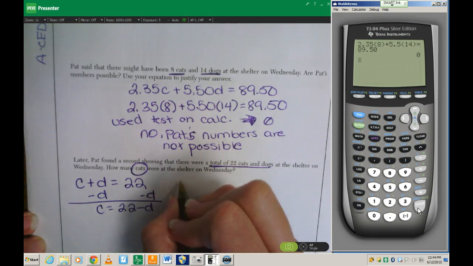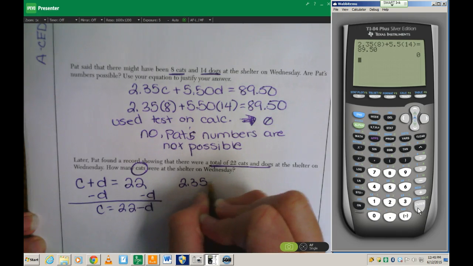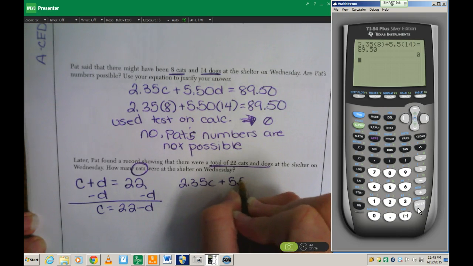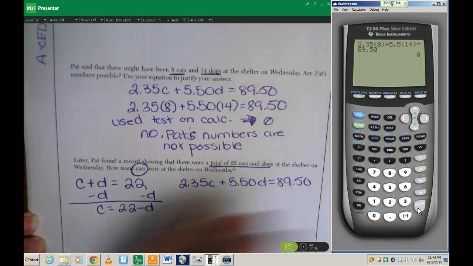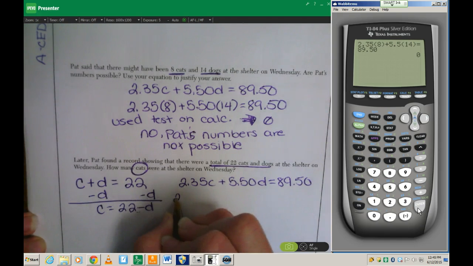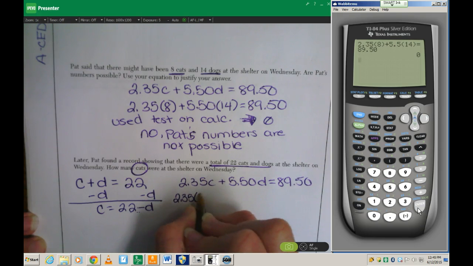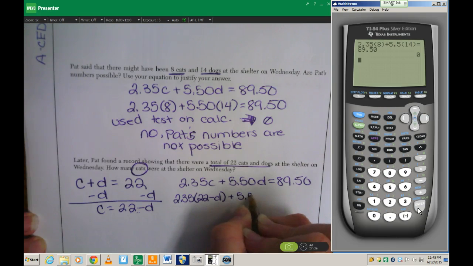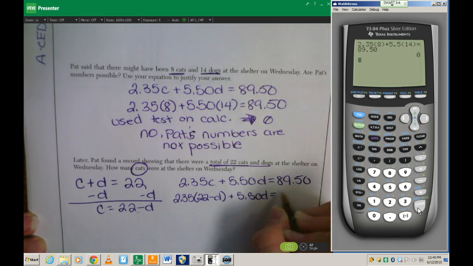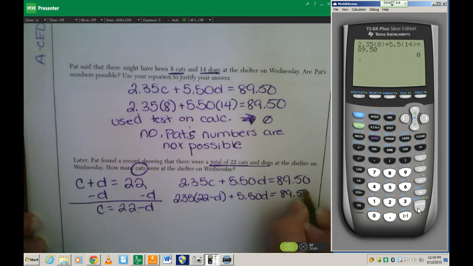And now we'll take our original equation and instead of writing C, I'm going to put this in. So we have 235 times 22 minus d plus 550 d equals 8950.